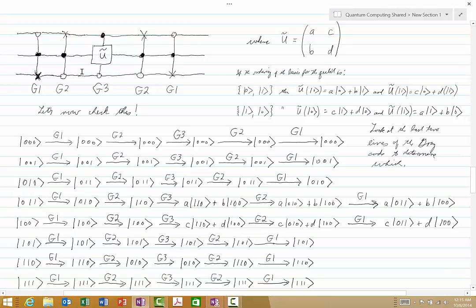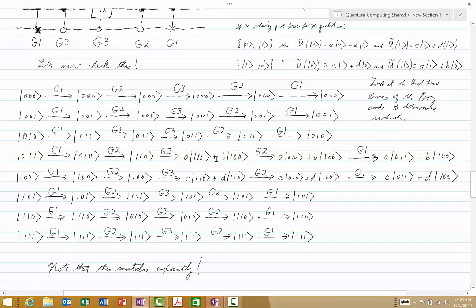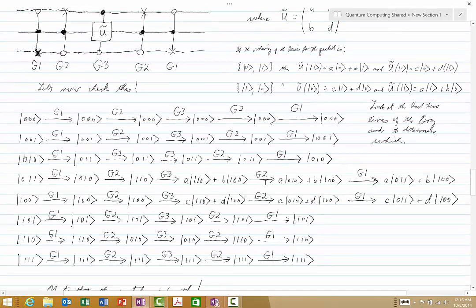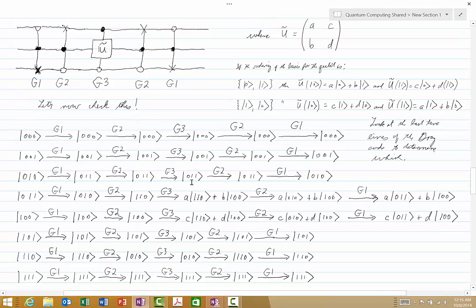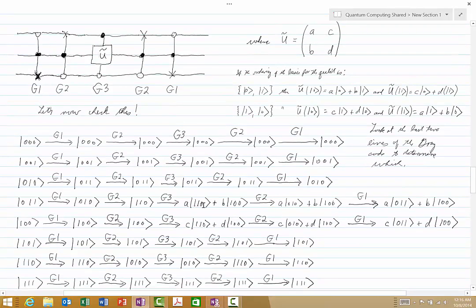And once we have completed that, then we start undoing our changes. And so we use G2 and G1, and of course they act just as they did before. And notice now that, acting on a sum, let's look at G2 acting on A times 110.